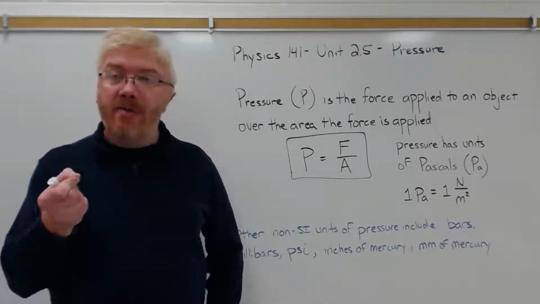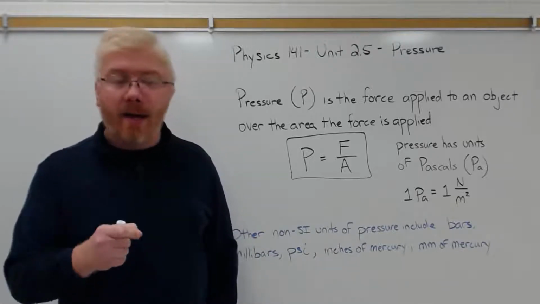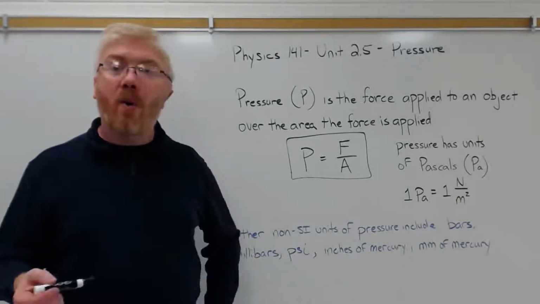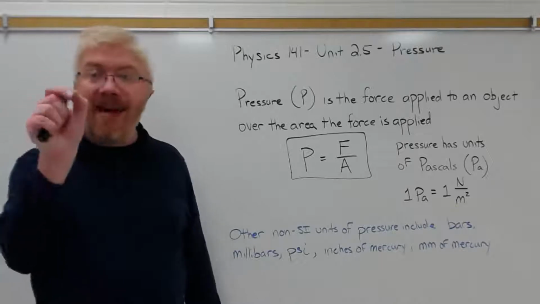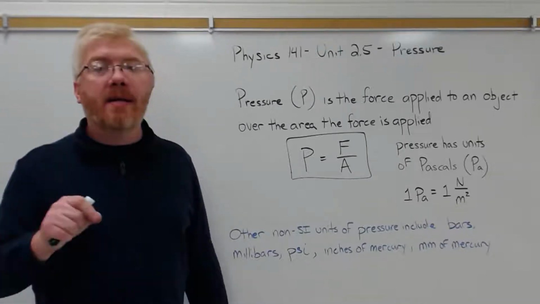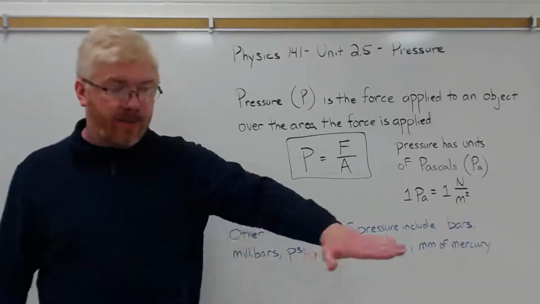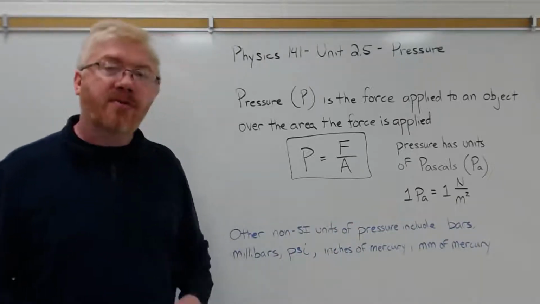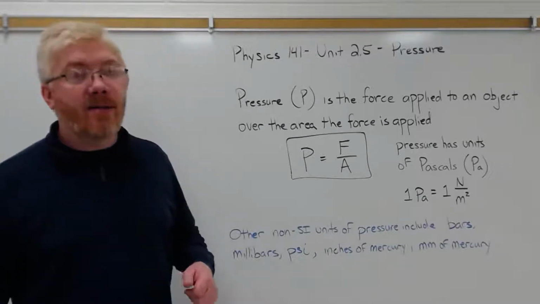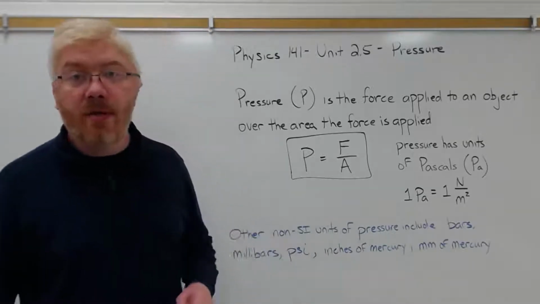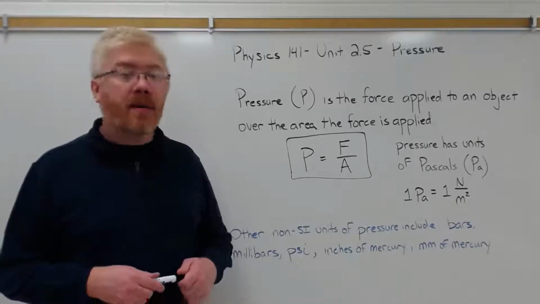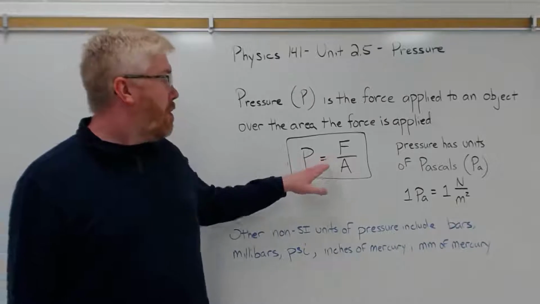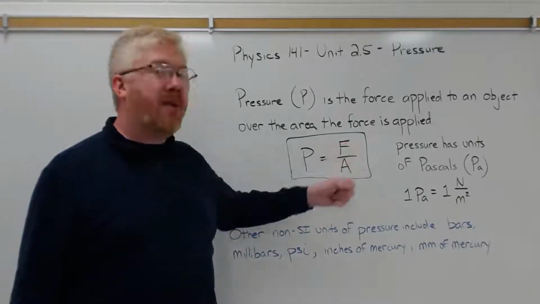Now aluminum can actually be a very thin metal, and they had problems in the early flights where women wearing very high stiletto-heeled shoes, when they walked on the plane surface, when they went to their seat, their weight was putting so much pressure on the floor that their heels would actually punch through the cabin floor, the passenger deck floor. So pressure is, again, how much force applied over what area.